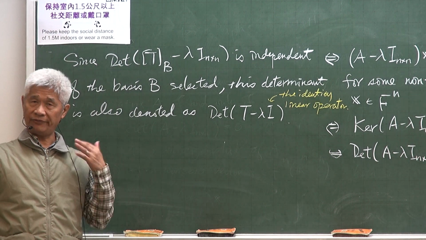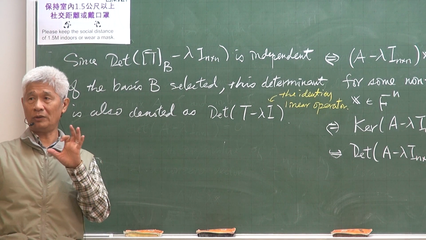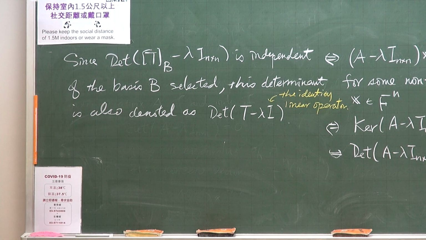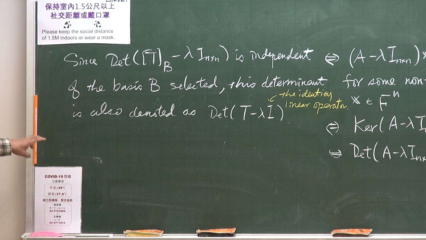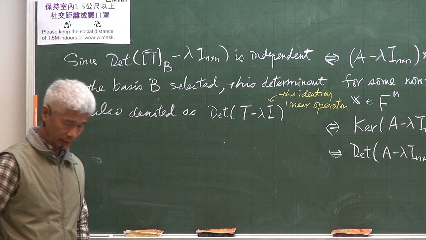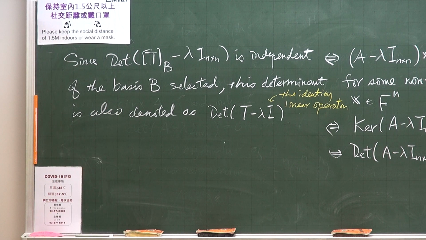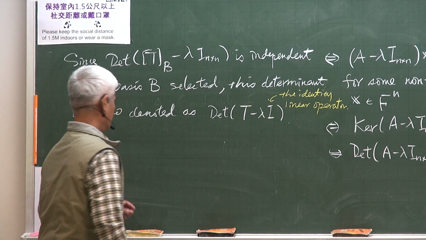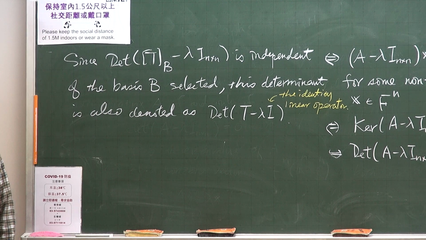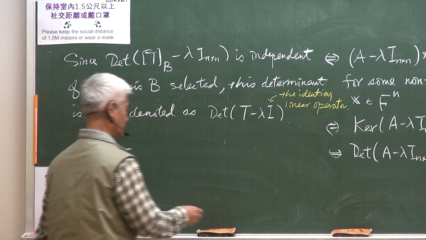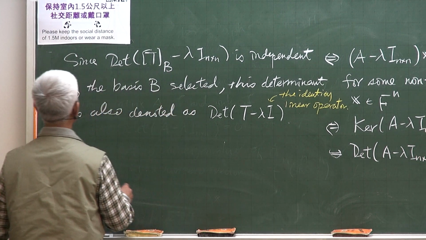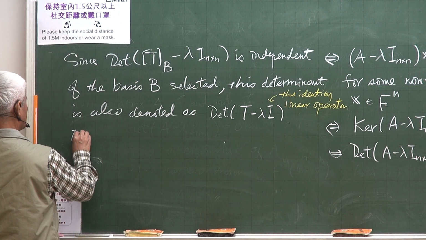In chapter 4, we defined determinants only for matrices. Remember, we haven't yet defined the determinant for any linear operator. But in this context, because of the matrix representation, maybe an exercise for you.